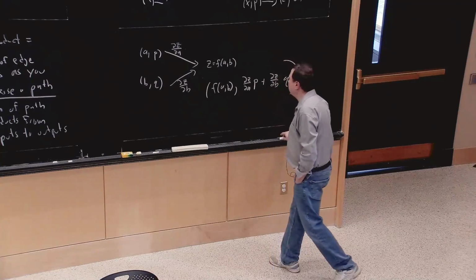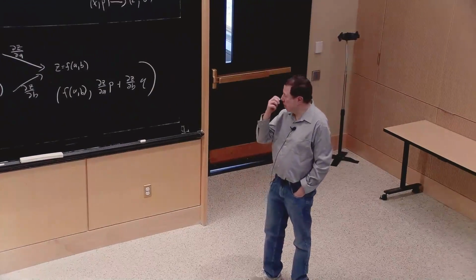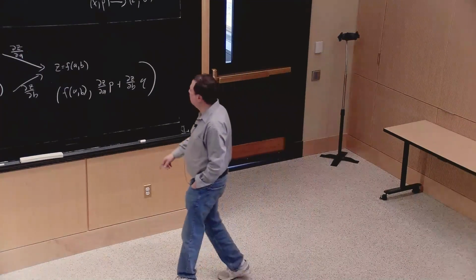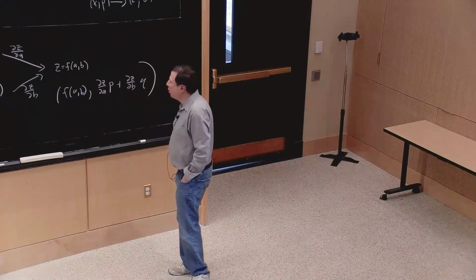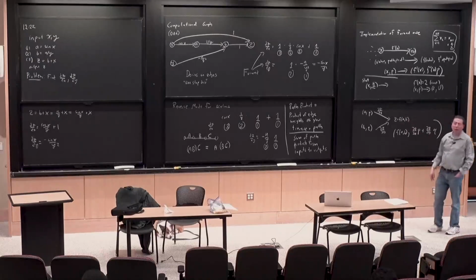And that's the right thing to do to carry forward the derivative, because this is exactly what the derivative would be over here. Or if you like, you could just think of this as combining the paths, the path products.